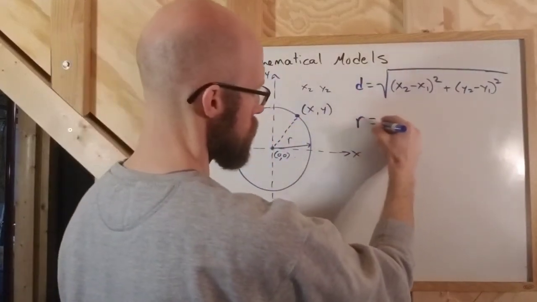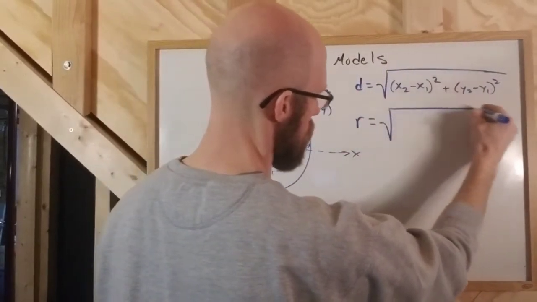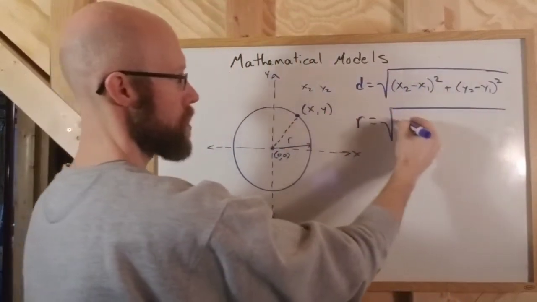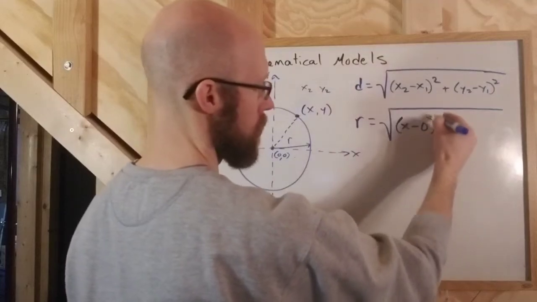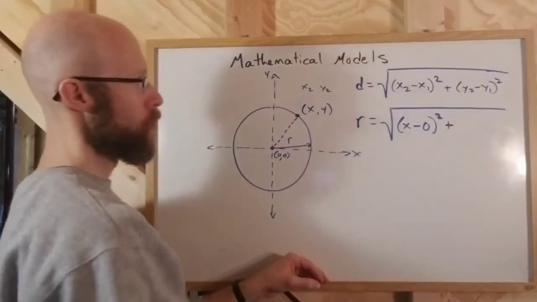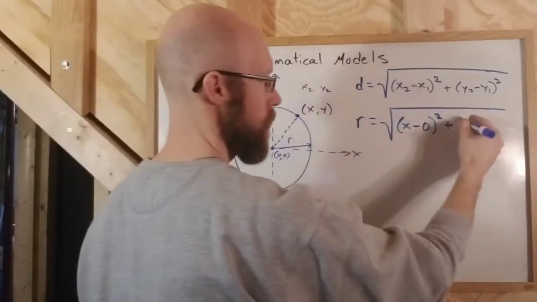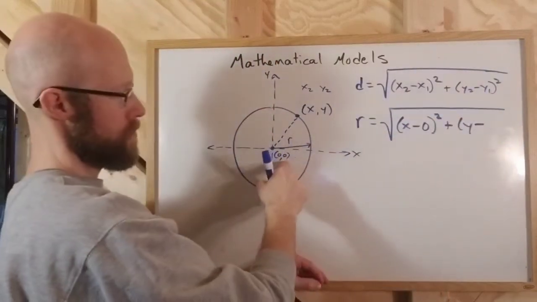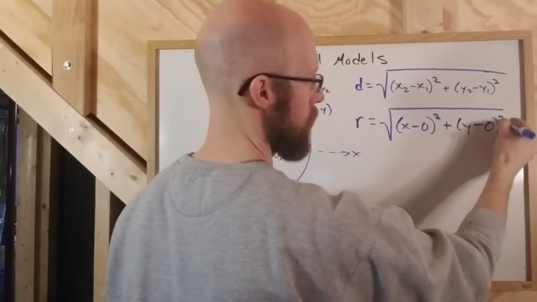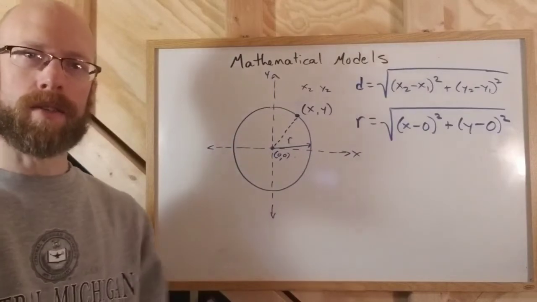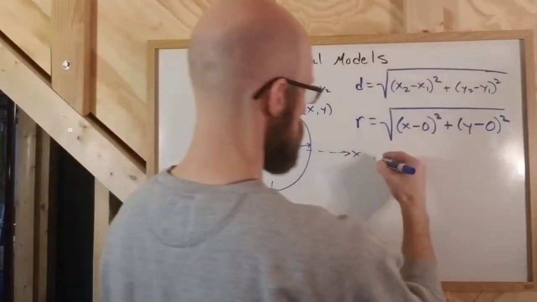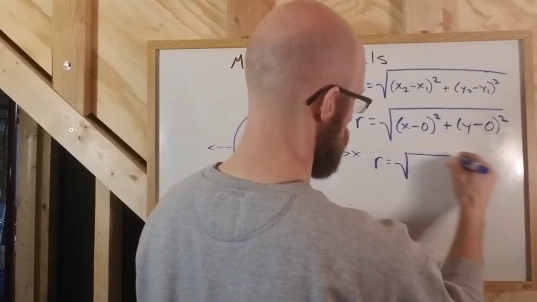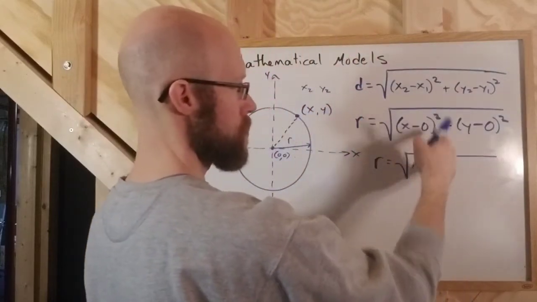So I get radius equals the square root of x minus 0 squared plus y minus 0 squared.